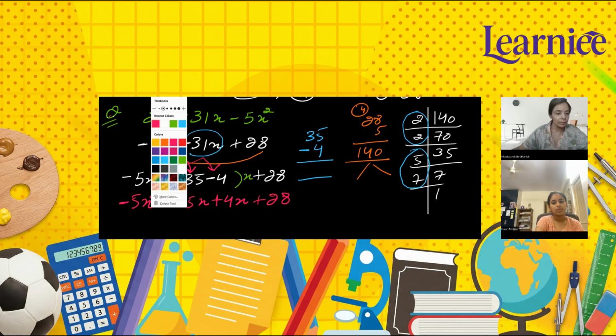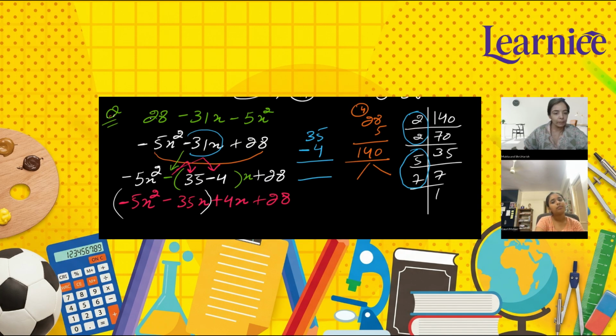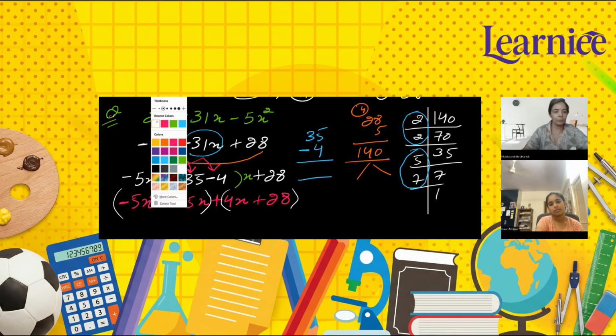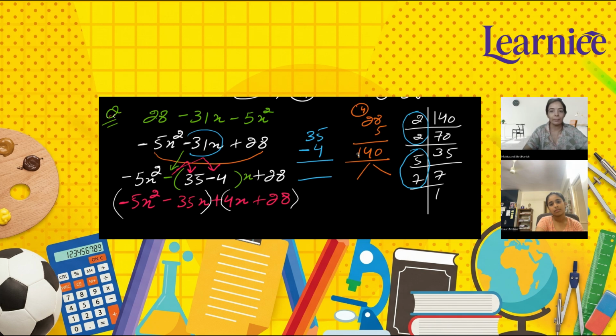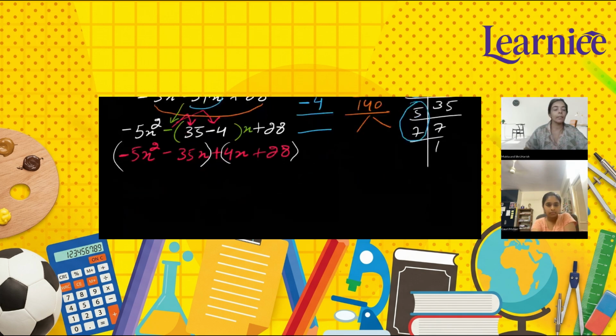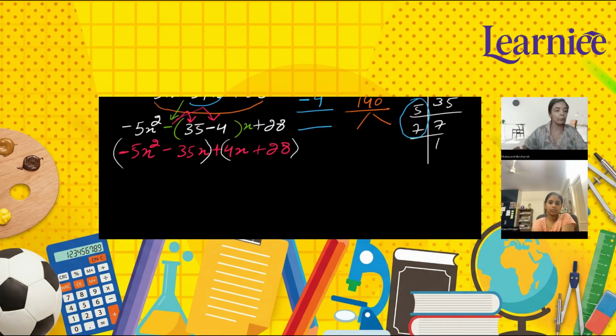Now we have got two values, so you can group them together, right? Now see, this is a little bit different from the previous one. Here, both the values are negative, and we never keep the front value as negative. So you have to take out the minus sign also as common.